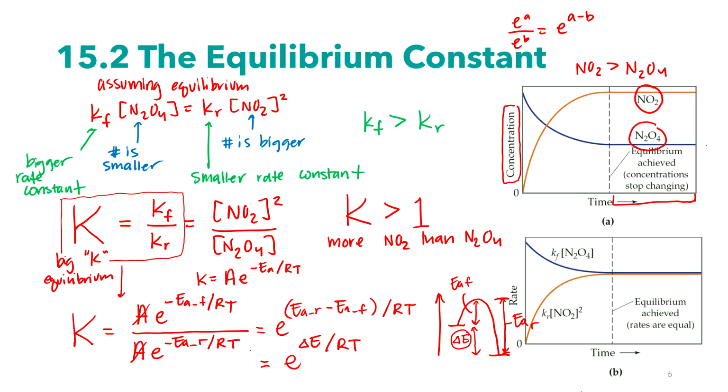I'm confused by the numerator and denominator. I thought it was a minus b. Wouldn't it be the top term minus the bottom term? So yes, because I have negative Ea forward minus a negative Ea reverse. Thank you. Got it? And I think this winds up the way that I end up defining it.